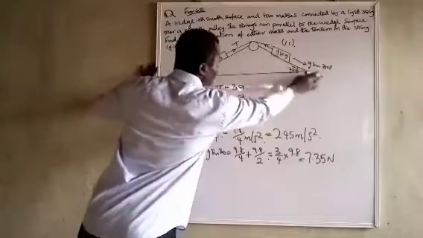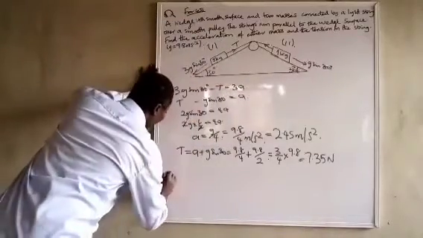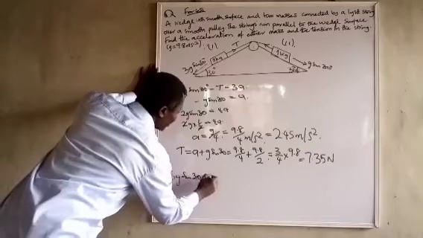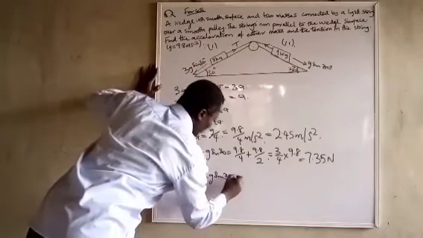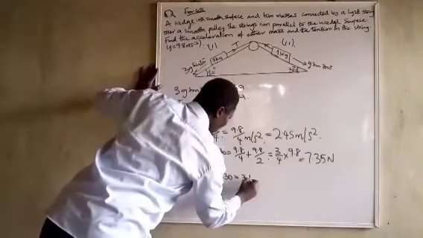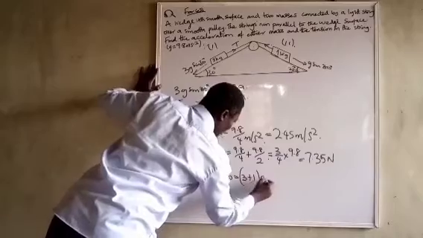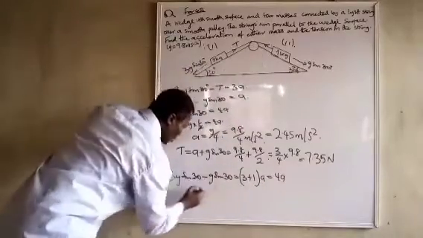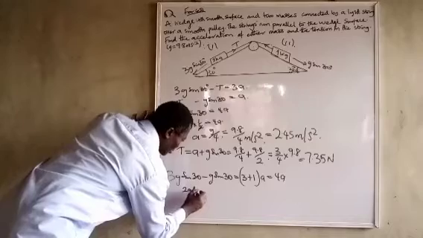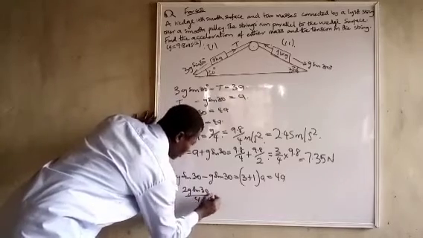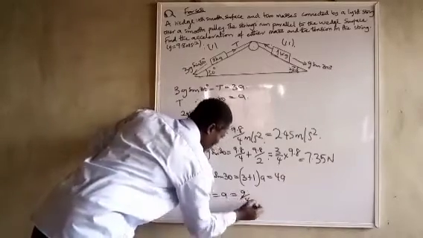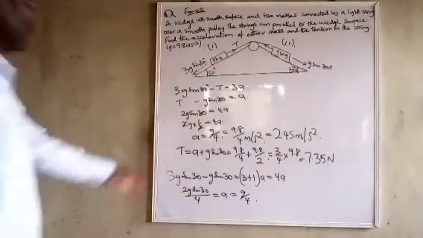So 3g sine 30 minus g sine 30 is equal to (3 plus 1)a, which is 4a. So you have 2g sine 30 over 4 is equal to a, and just like what we did here, it is g over 4. So very simple and straightforward. Then you can easily find your T.